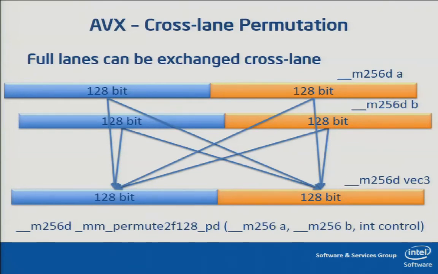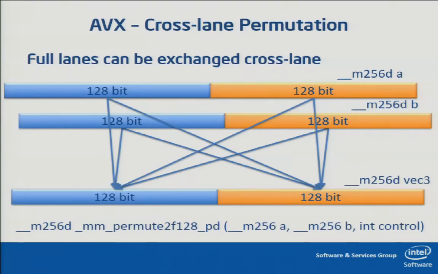cross-lane permutation. So everything we just did is all in lane. It's all within 128 bits because of this legacy of SSE that we have. Now, you will say, oh, that doesn't help very much because I need to bring the first element of a vector into the third position, and it just doesn't work because it's across the lane.